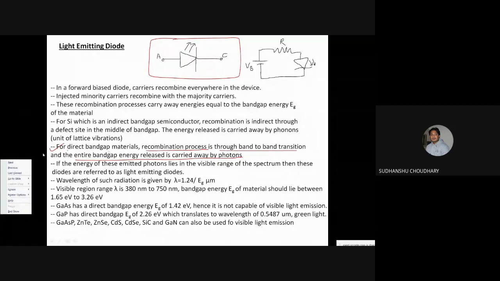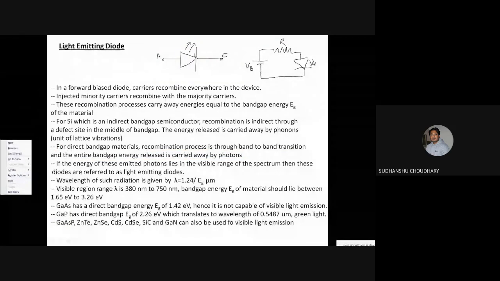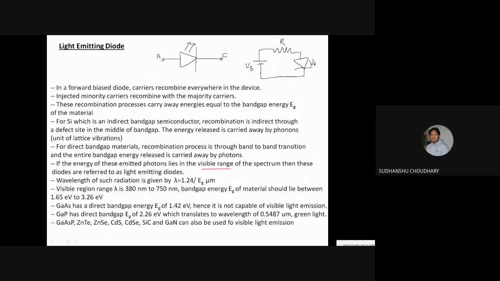Now another important point to understand here is that not all materials are useful for making an LED. If it has to be an LED which emits light in the visible range of the spectrum, then that depends upon the choice of the band gap of the material that I'm selecting.